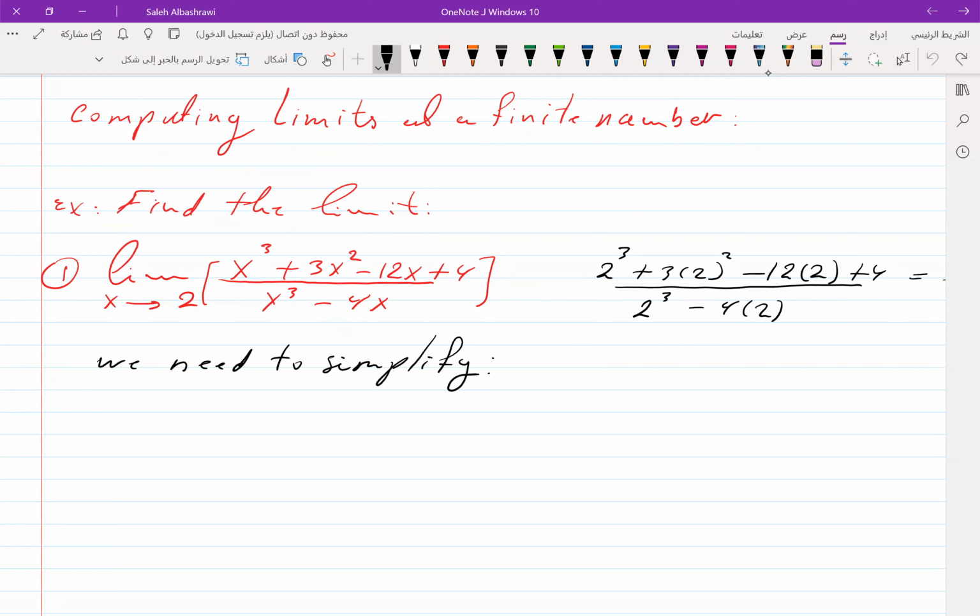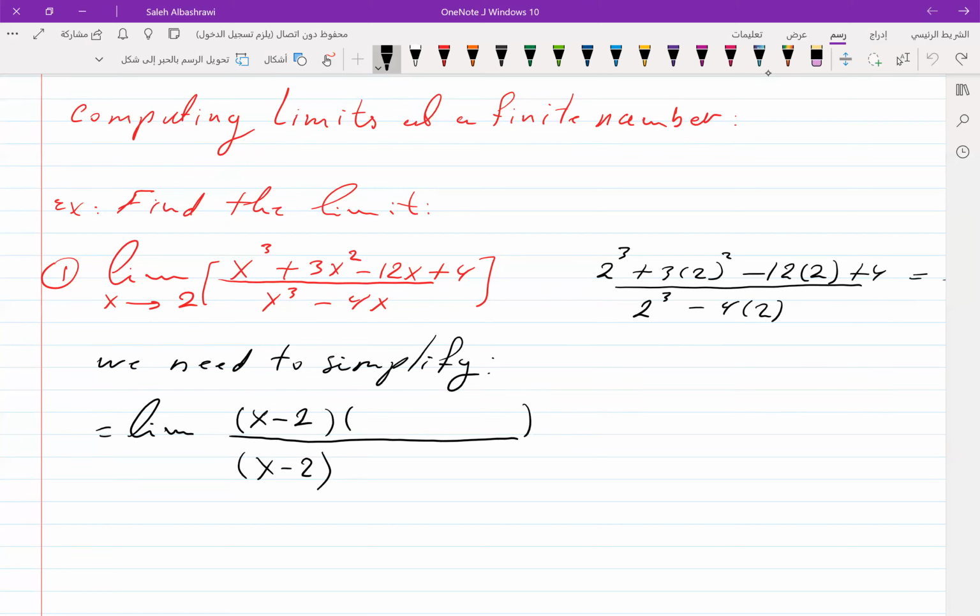So this is equal to the limit, as we mentioned before, I will have x minus 2 as one of the factors. x minus 2 must be there in the numerator and in the denominator, because this will be the common factor, x minus 2, so that we can simplify it.